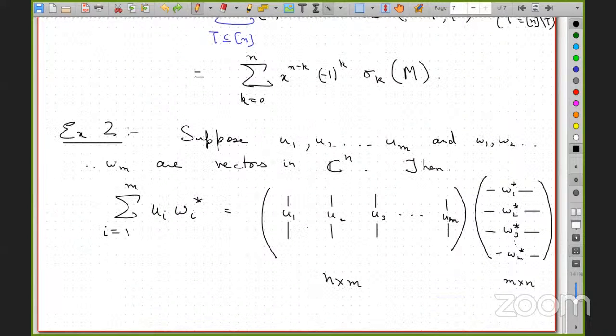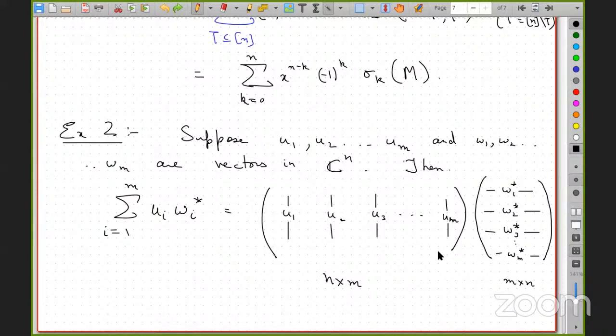Suppose I want to look at some particular entry of this matrix on the left hand side. The ijth entry is the ith row of the matrix on the left times the jth column of the matrix on the right. That does not correspond to the ui's and wi's. It's just a trivial fact, because you are taking the linear combination of these things.